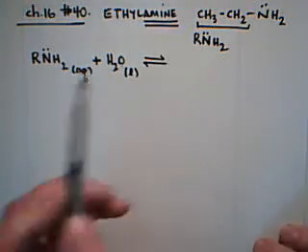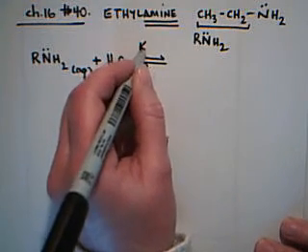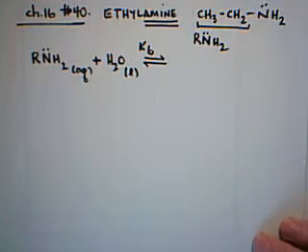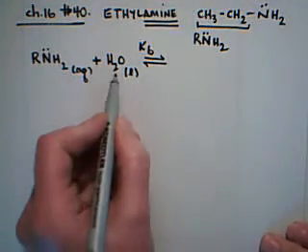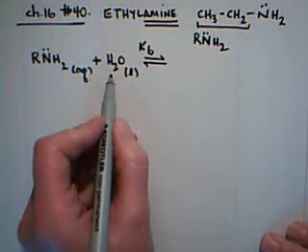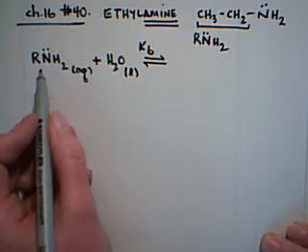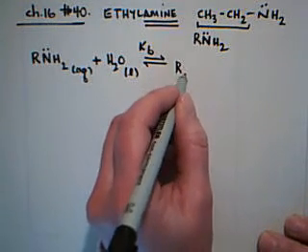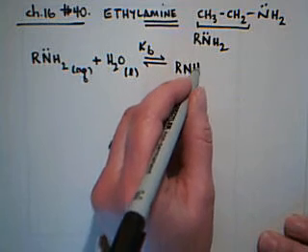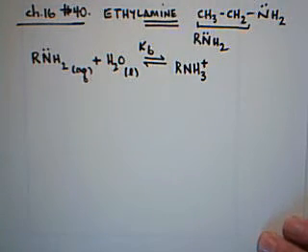We hear that word amine, and that will ionize according to the value for Kb. As a base, it will pick off H plus from the water. The water will therefore be the acid to donate that H plus, and it'll land on the lone pair here. So I will write it on this side as RNH3 plus.